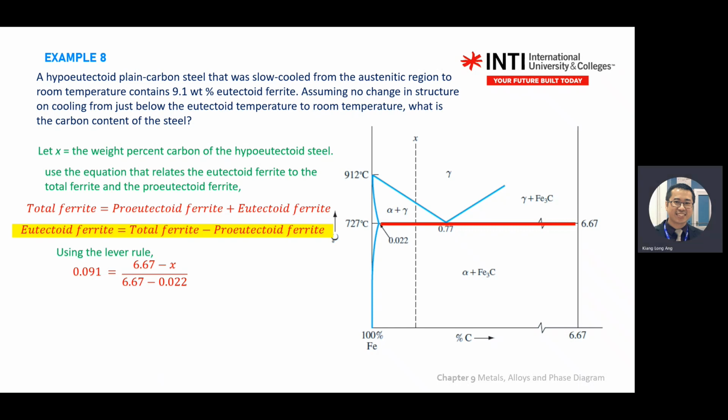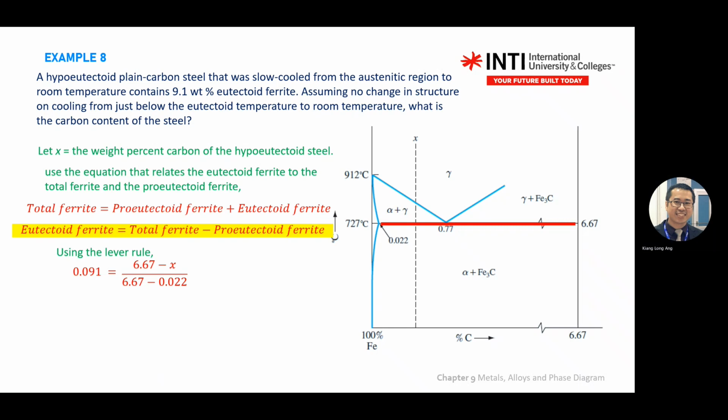Lever rules, you have 3 points. 1, 2, 3. You take here divided by this one, you get another side. You get here to here, divided by the total length, you get the other side. Make sense or not? You get this one divided by total length, because this one is opposite of this point, so this one is referring to alpha here.